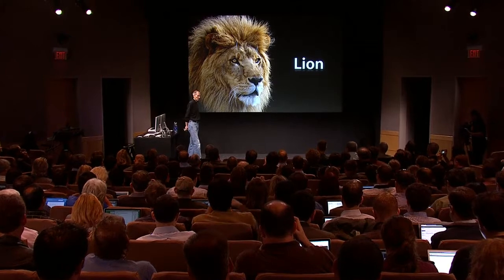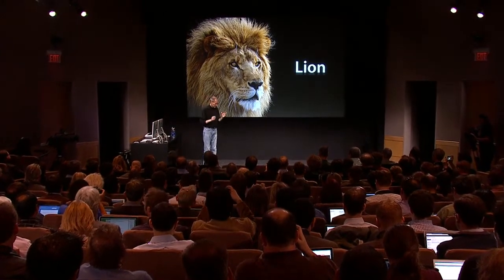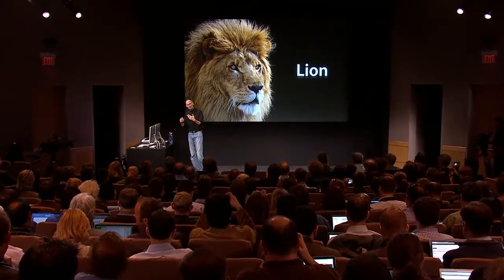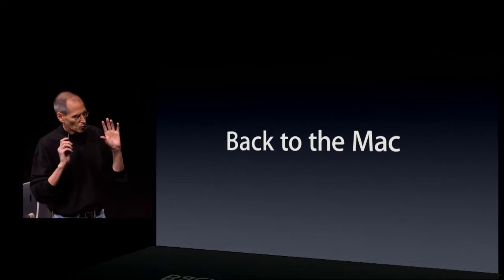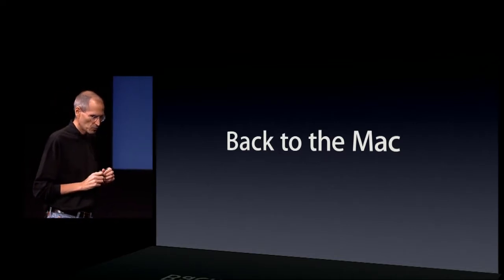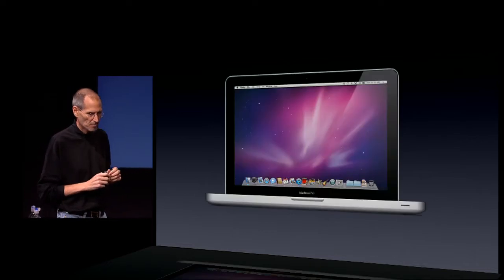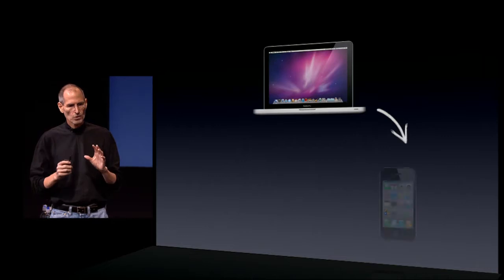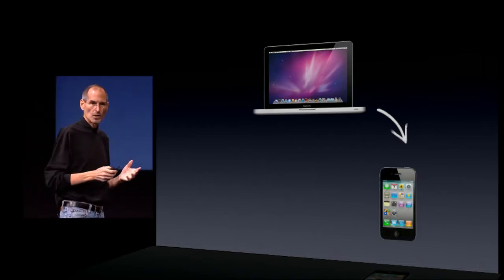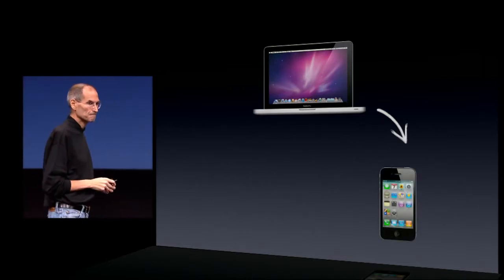Mac OS X Lion. Now, what is the big idea? What is the philosophy behind Mac OS X Lion? Well, that's where Back to the Mac comes from. What we've done is we've started with Mac OS X, and we created from it a version called iOS, which we used in the iPhone.